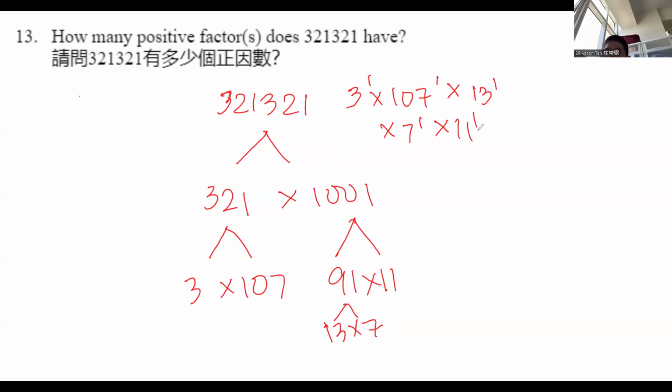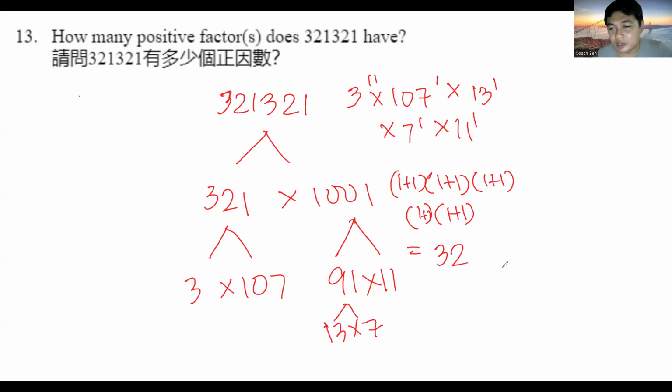And then what I did was 1 plus 1 times 1 plus 1 times 1 plus 1 times 1 plus 1 times 1 plus 1. That gave me 32. Okay, very good.